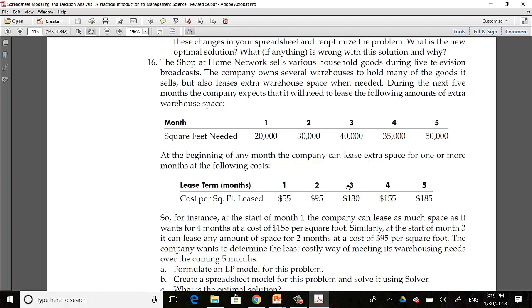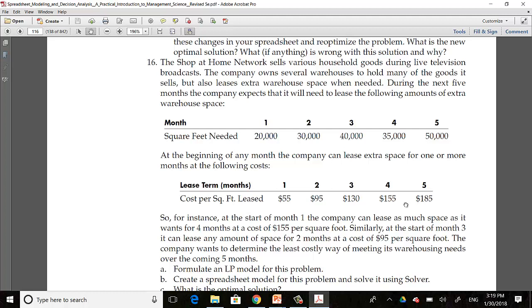If you lease in the beginning of the first month 10 square feet for 3 months, then it's 10 multiplied by 130. Okay, so you can lease 1 month, 2 months, 3, 4, 5 months, and those are just the unit costs.